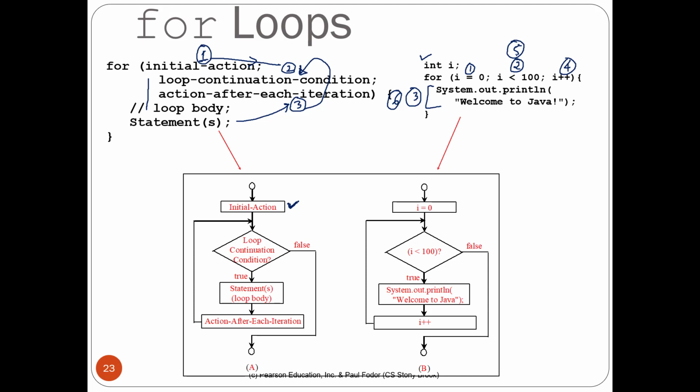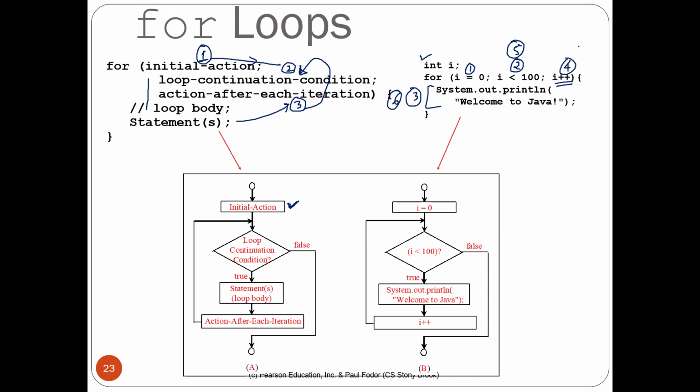Assuming the condition was true, as is the case, i will be 1 here. It was 0, but when you do the action after each iteration, it will be incremented, i plus plus. So it was 0, it will become 1. So 1 is less than 100. You go here, 6, that is the 6th step.